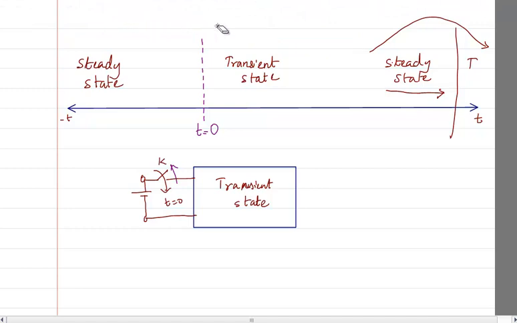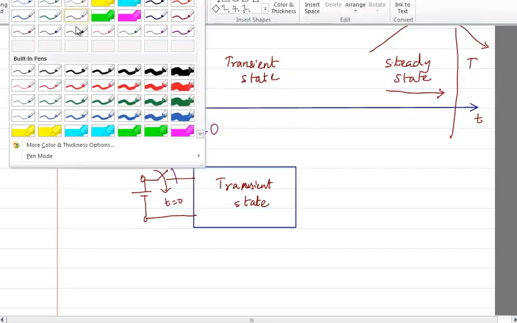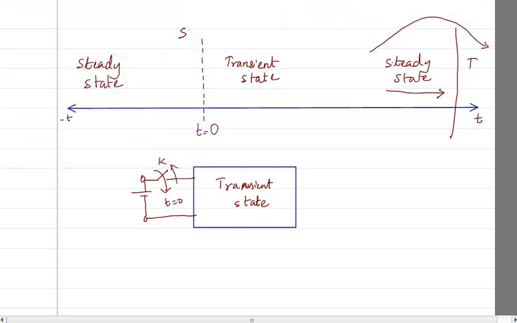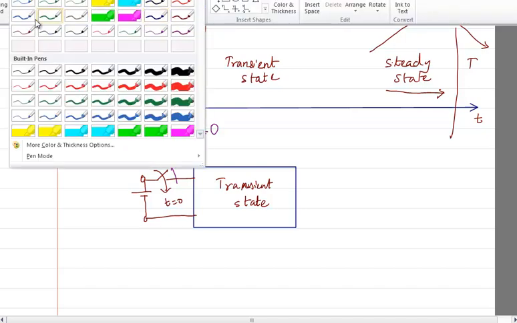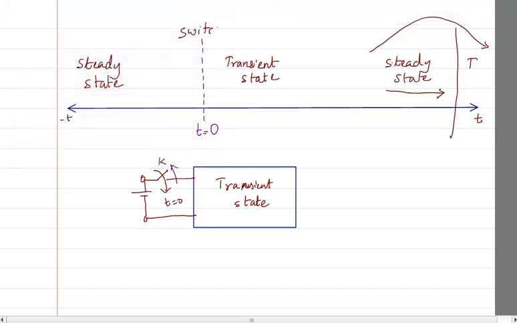Let me write it properly. So this is the switch. And once it makes the switch, it goes from the steady state to a transient state.